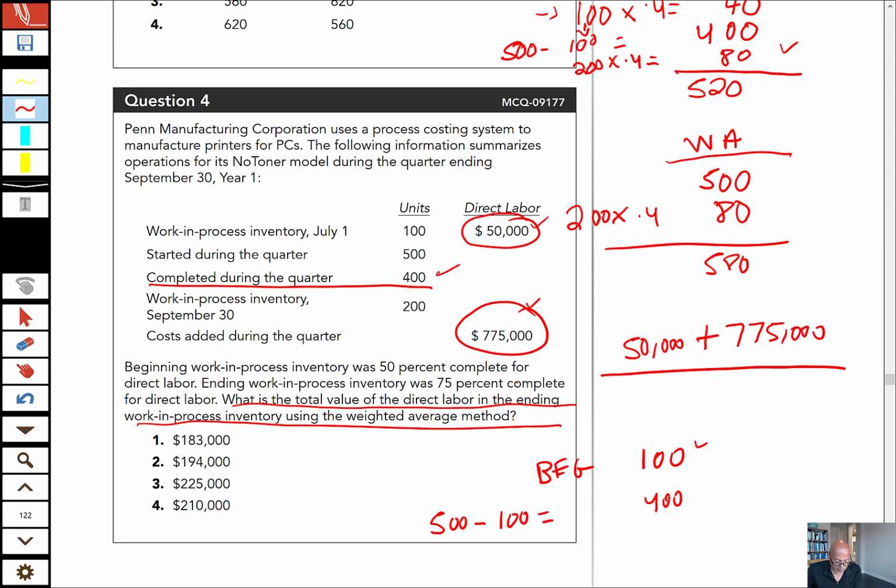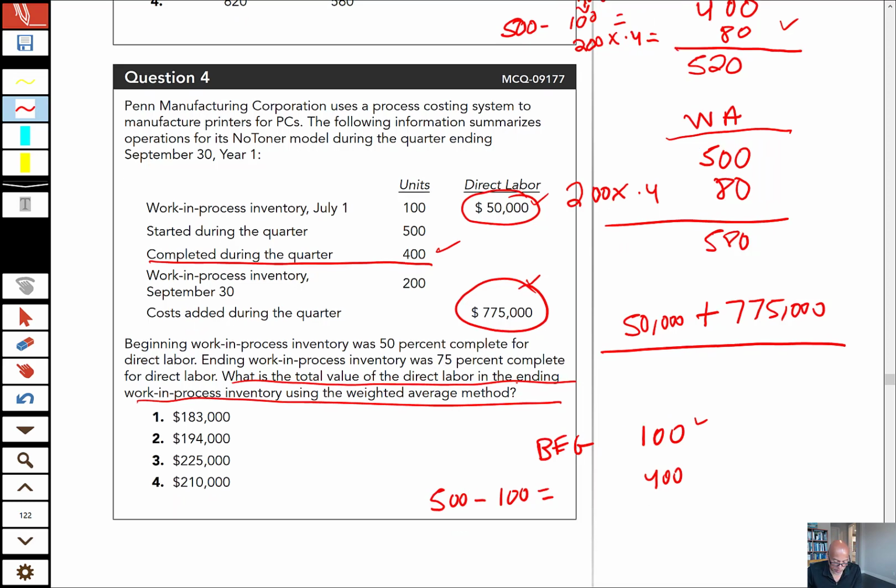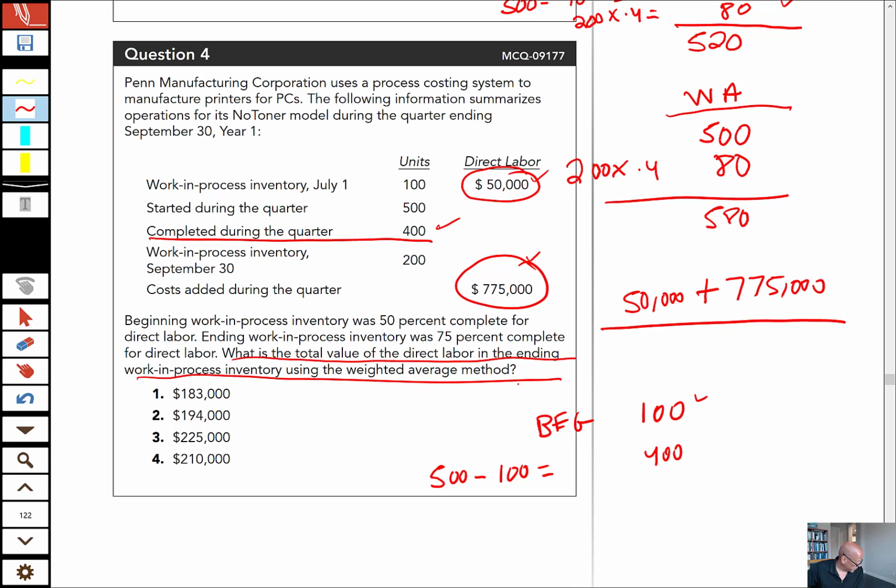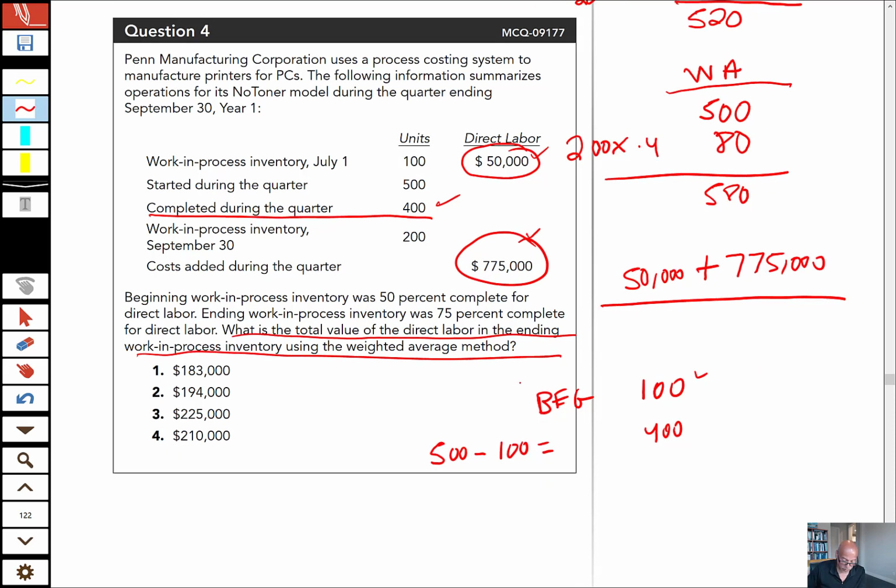So I could have said the 400 units that were completed, but I already counted those 100, so this would become 300, okay?